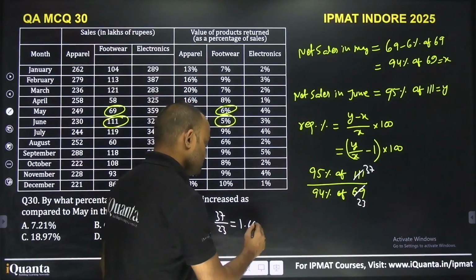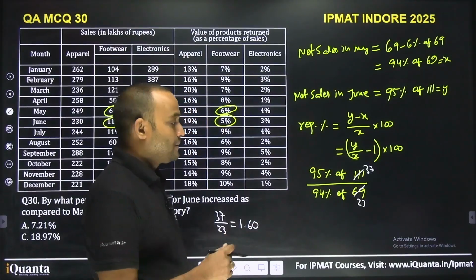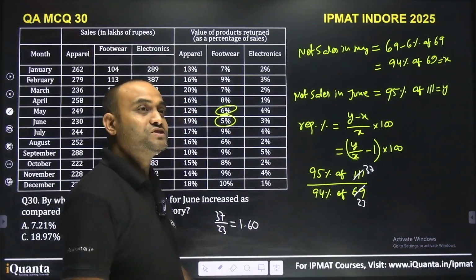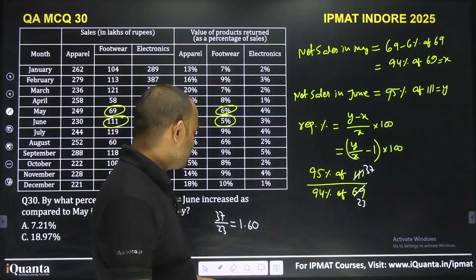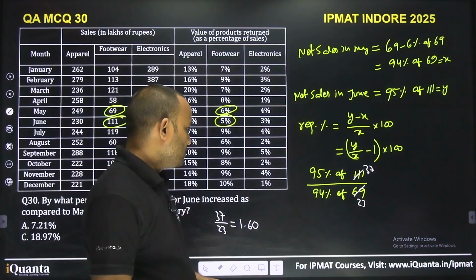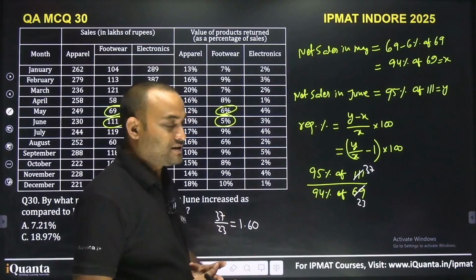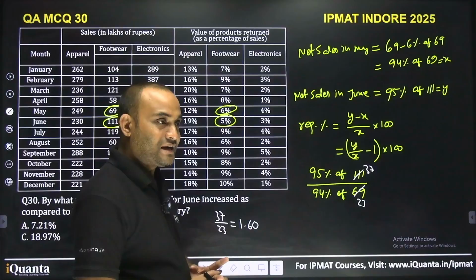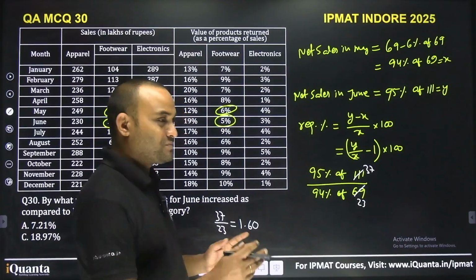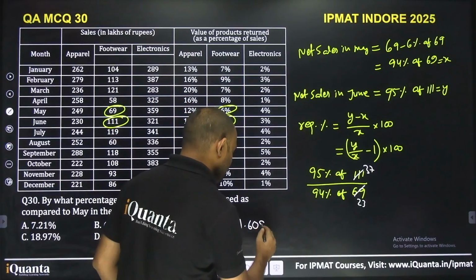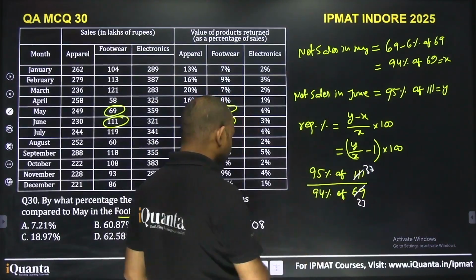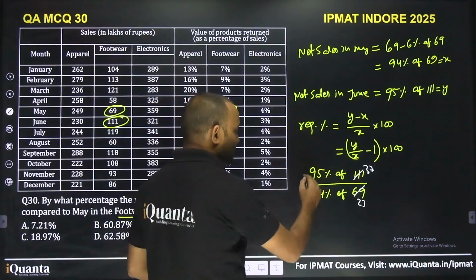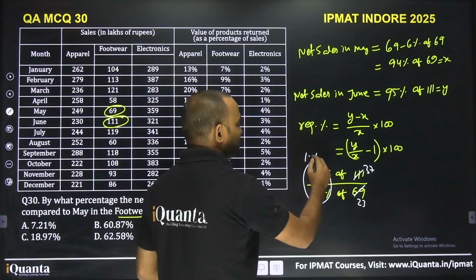Then 20, so 0, then 200. 23 into 7 is 161. 23 into 8 is 184. So it will be something like 1.608, and the other value will also give us 1 point something.